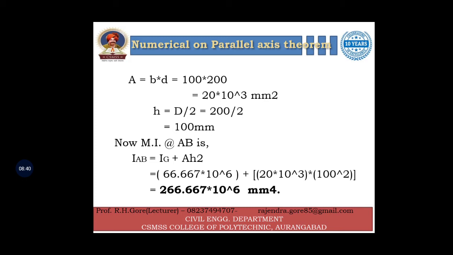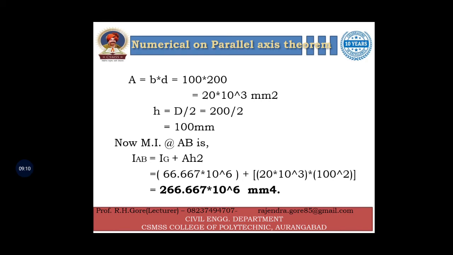Now moment of inertia about AB is Ig plus AH square. Here we have to choose Ig as the moment of inertia about centroidal axis XX, because the AB axis is parallel to the XX axis. When the parallel axis is parallel to YY, then we use the centroidal axis YY.